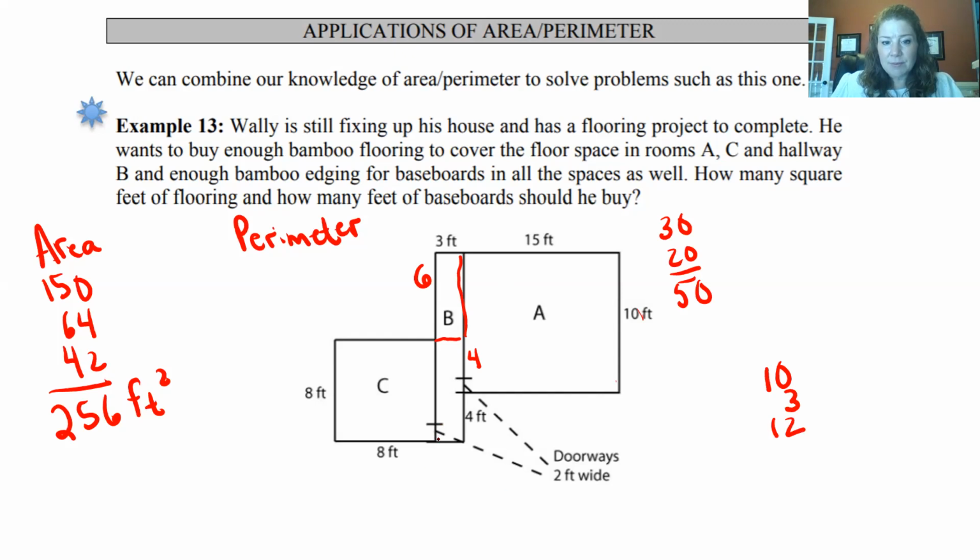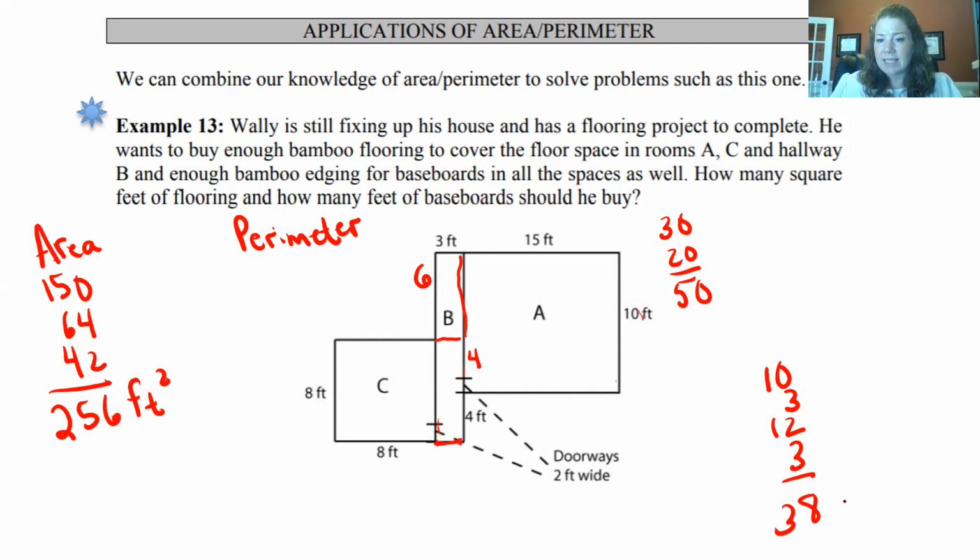And then finally, we have to put baseboards on this 3-foot wall as well. So basically we have this 10-foot wall, not including the door frame, and the 3-foot wall. This 6 plus 8 minus 2 is 12, because we don't want to put baseboards on the door frame, plus the 3-foot wall. So that's 10. So anyway, 15, 16, 17, 18.